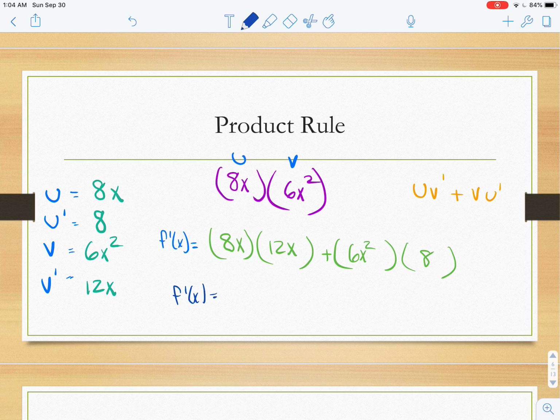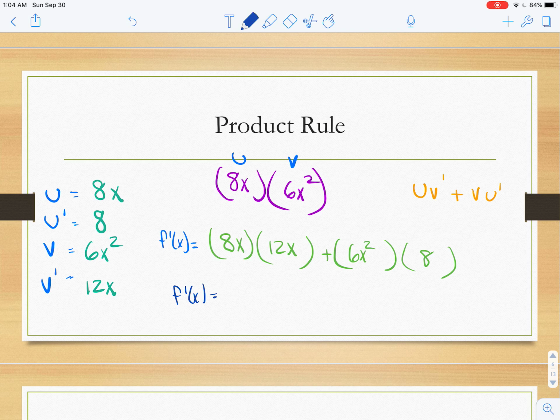So here's an example. This one here is our u term, and here's our v. So we have to do u v prime plus, oops, I mixed this up, u prime, let's put this over here.